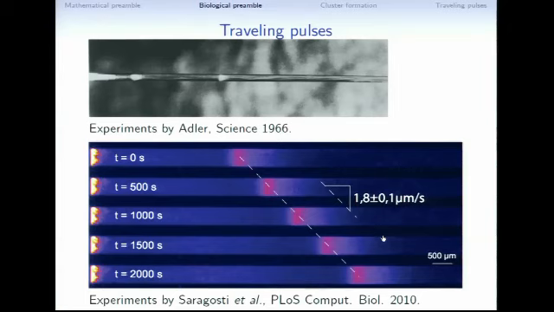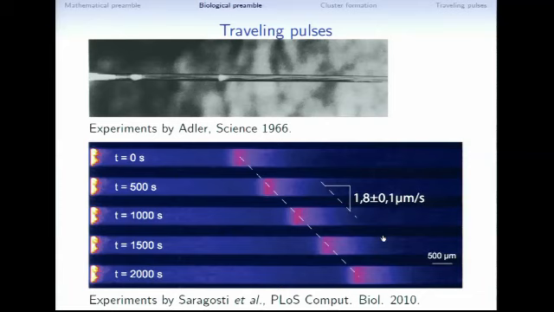This is a picture from Saragosti. You have channels where you put bacteria initially on the left-hand side. There is some gradient of nutrient like oxygen or glucose, whatever, which goes from the right to the left. So bacteria are likely to travel to the right of the channel.